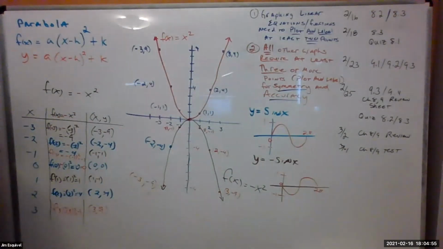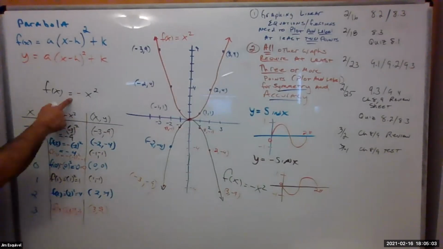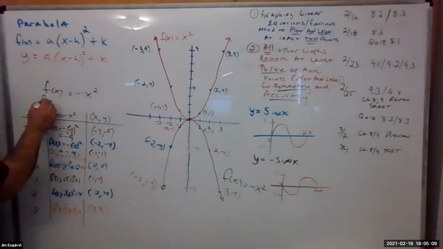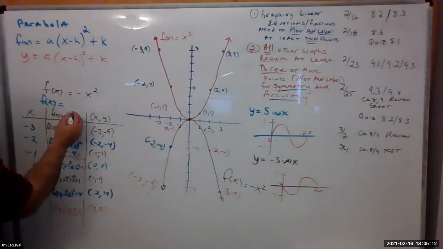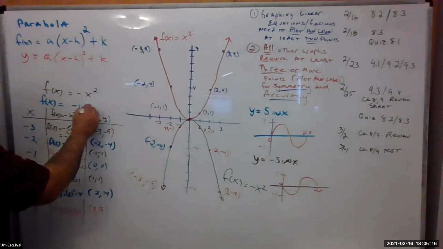Here's a quick question. Out of all the players in our game, is this negative here? Basically, if you look at this, write it in a different color. This is f of x equals, when you look at this, -1 times your x squared.